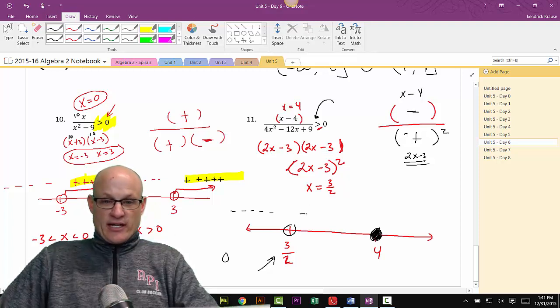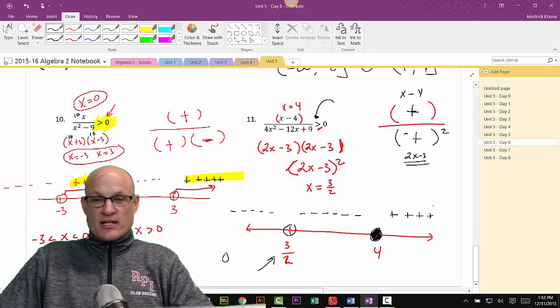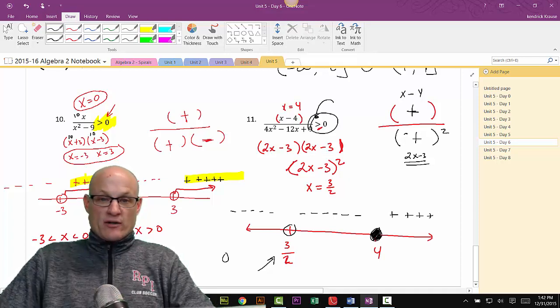So this is negative throughout. Let's plug in 10. 10 minus 4 is positive. The bottom's always positive, so this is positive, positive, positive. I want only where it's positive. So my answer is x is greater than or equal to 4. Or bracket 4, comma, infinity.